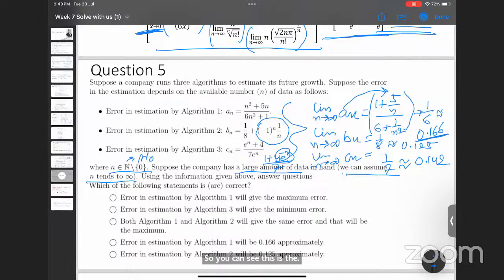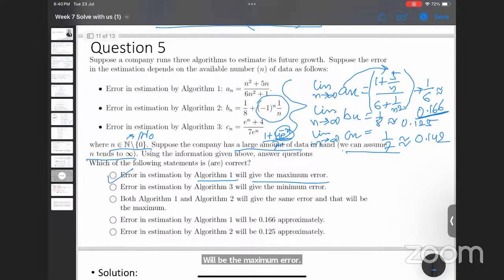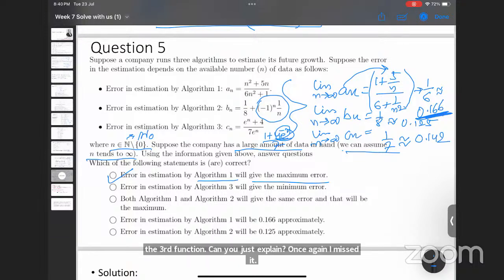So the error estimated by algorithm 1 will be the maximum error. So this answer is clearly correct, right? We are getting the maximum error here. And the third function, can you just explain once again? I missed it. Okay.